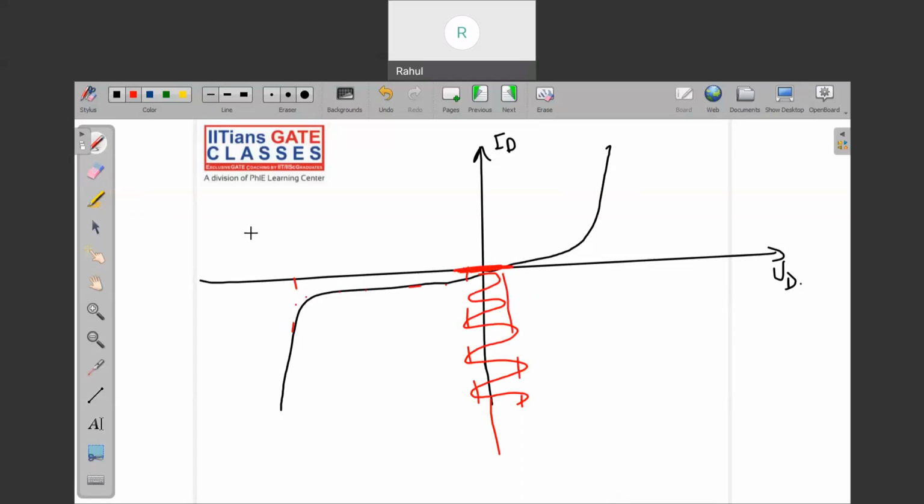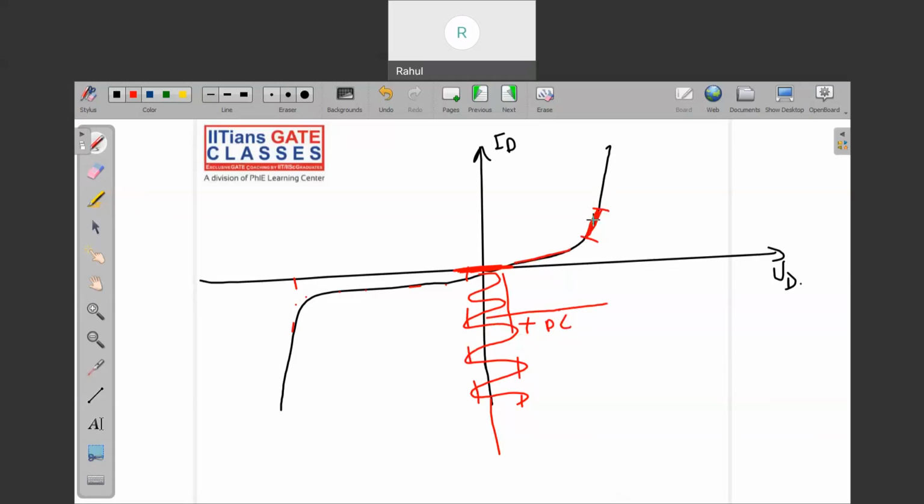But if you keep the signal small and add DC to it, because this entire IV characteristic is exponential, if you see this segment closely, it looks like a linear straight line, a linear region. So you can shift this input signal by adding some DC.